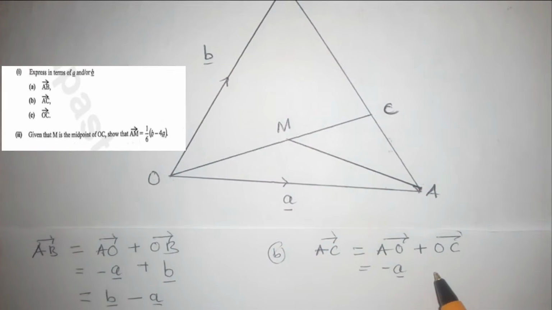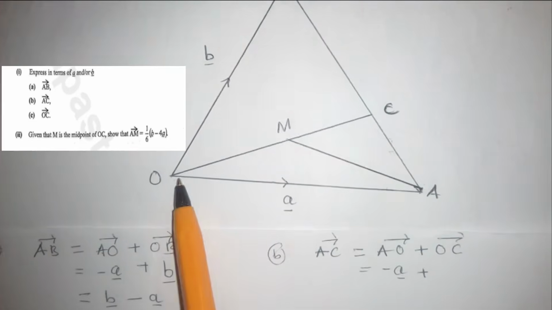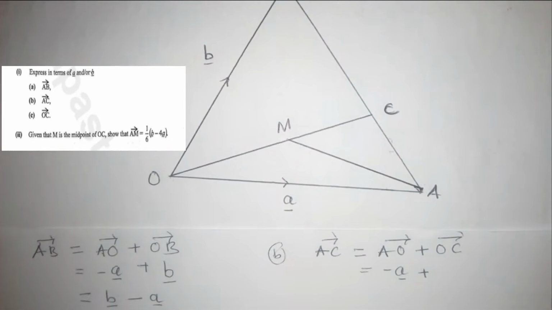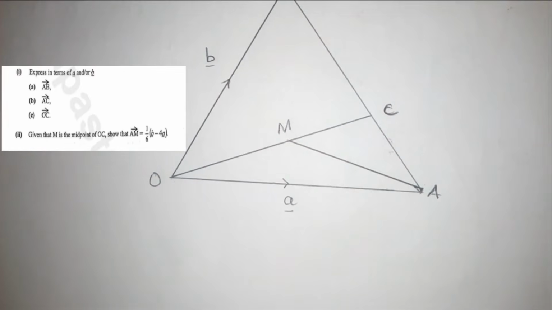Same, negative A, plus what is our OC? Do we have OC here? We don't have it. So what are we going to do in order for us to find OC? This becomes tricky. When we think nicely, this is not how we're supposed to do it. We are supposed to take advantage of the ratios.